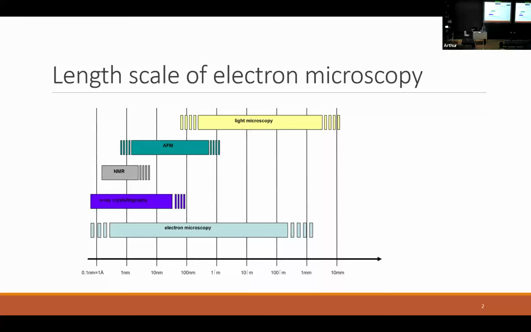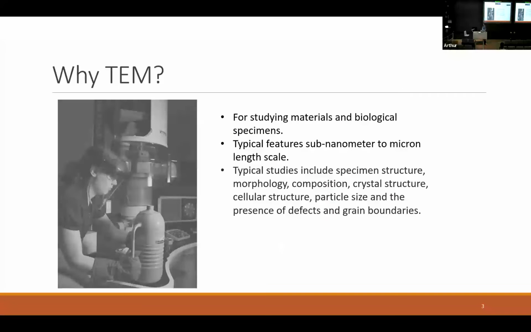What I'm going to talk about today is transmission electron microscopy, or TEM, and that tends to be on the smaller length scale, so it's down to the bottom left of this diagram. TEM stands for transmission electron microscopy.